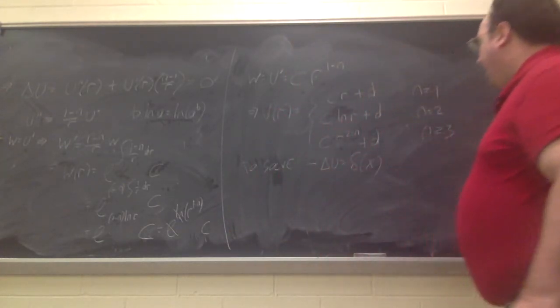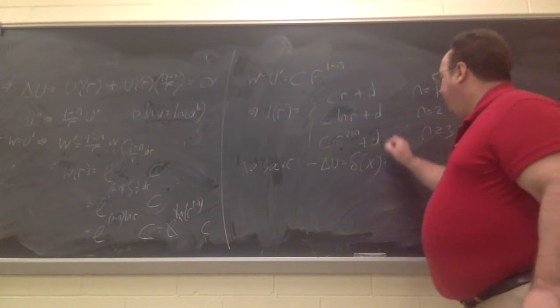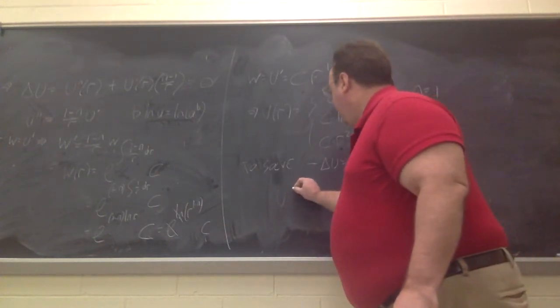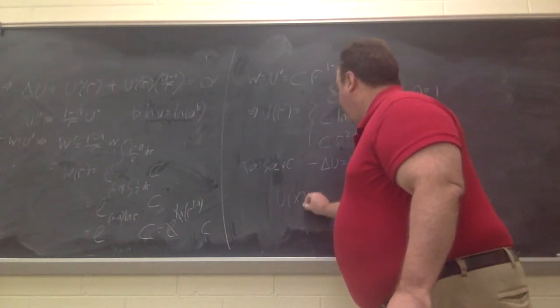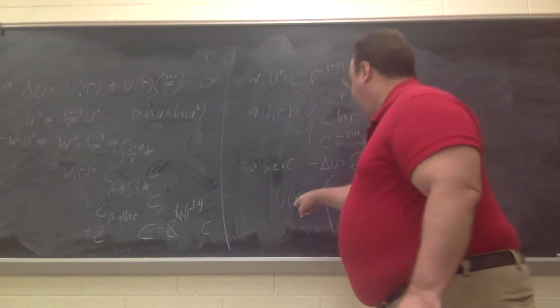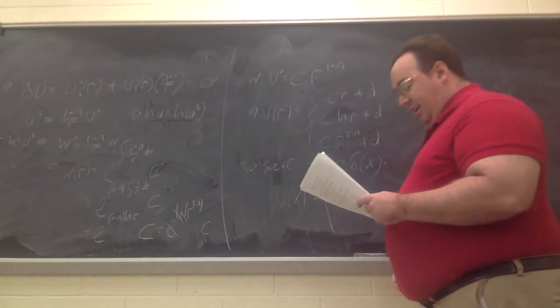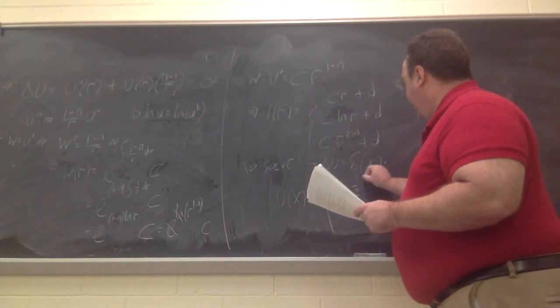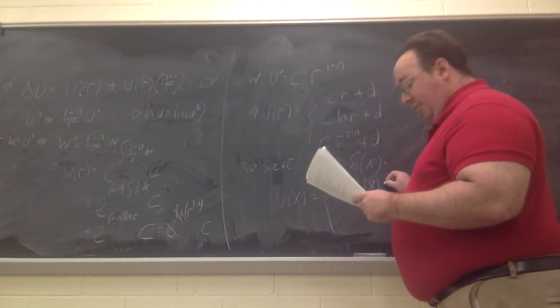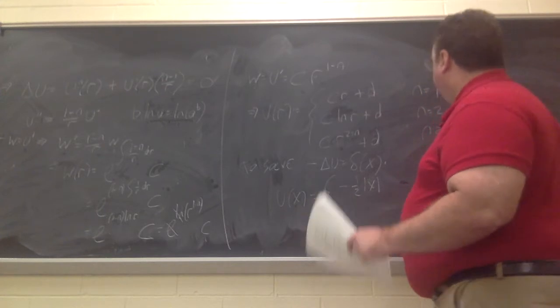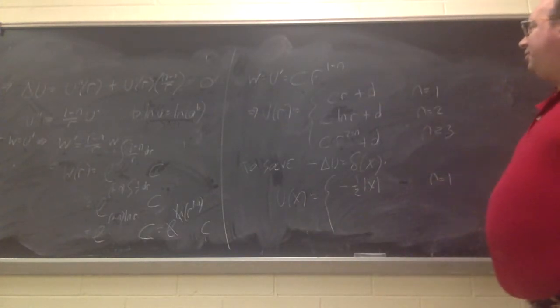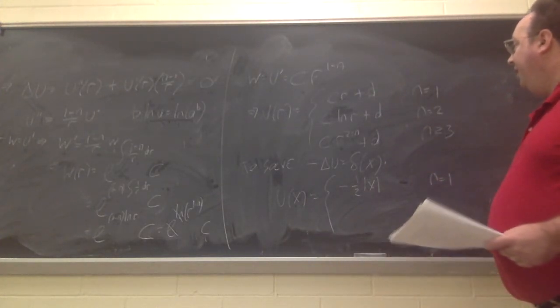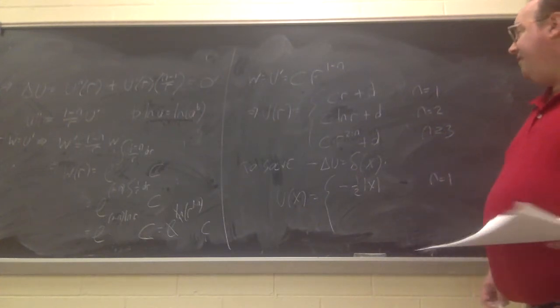It's just a matter of choosing the right constants. So U of x, where x is in n-dimensional space, is minus 1/2 absolute value of x for n equal 1. So in other words, d is equal to 0, and c turns out to be minus 1/2.